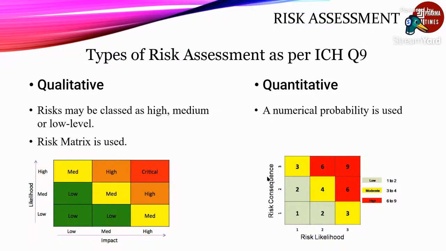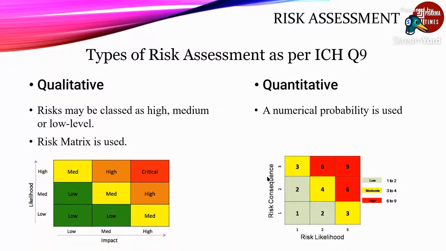So the numeric approach is used for quantitative risk. These two types of risk are used for risk assessment, and it is not defined that you must use a particular type. Any one of them you can utilize to define risk assessment.